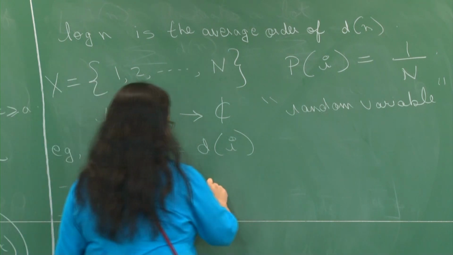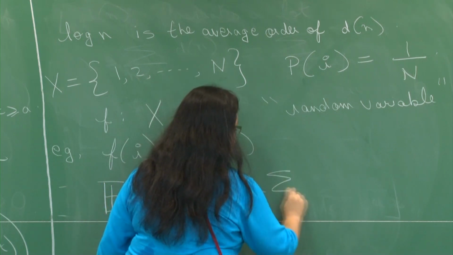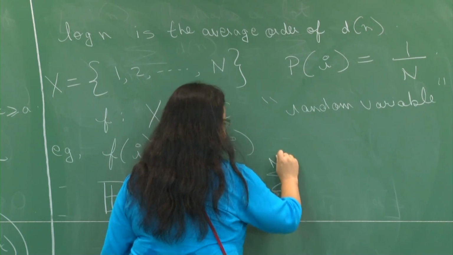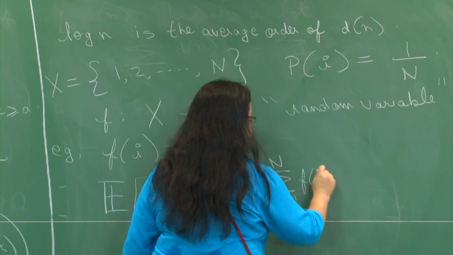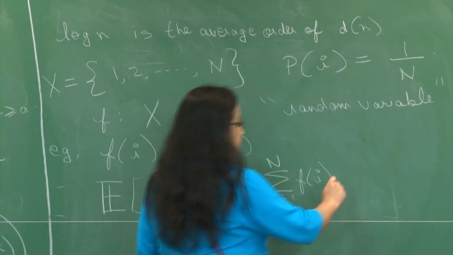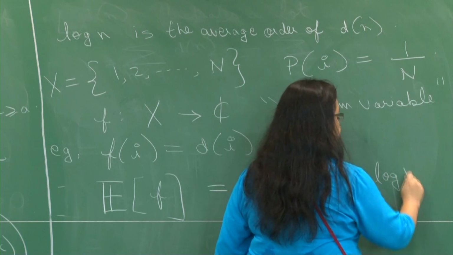So, this is 1 over N summation over i going from 1 to capital N of f of i. And what we have just seen is that as capital N goes to infinity, this is asymptotic to log N.